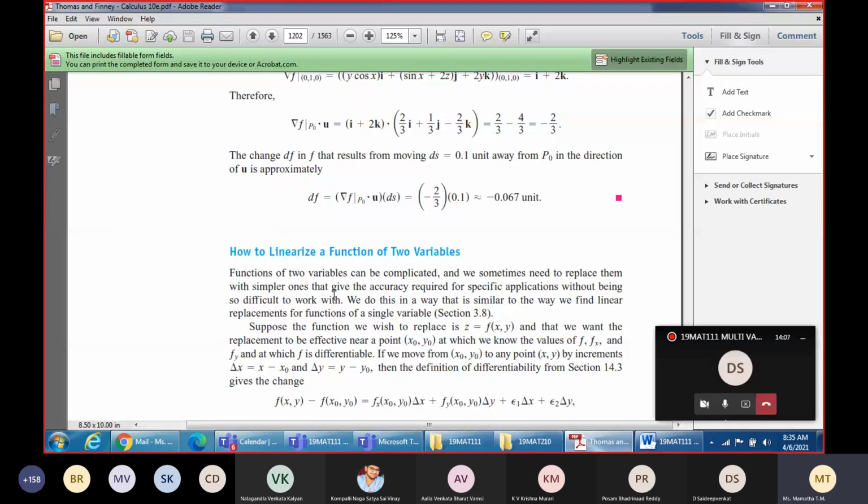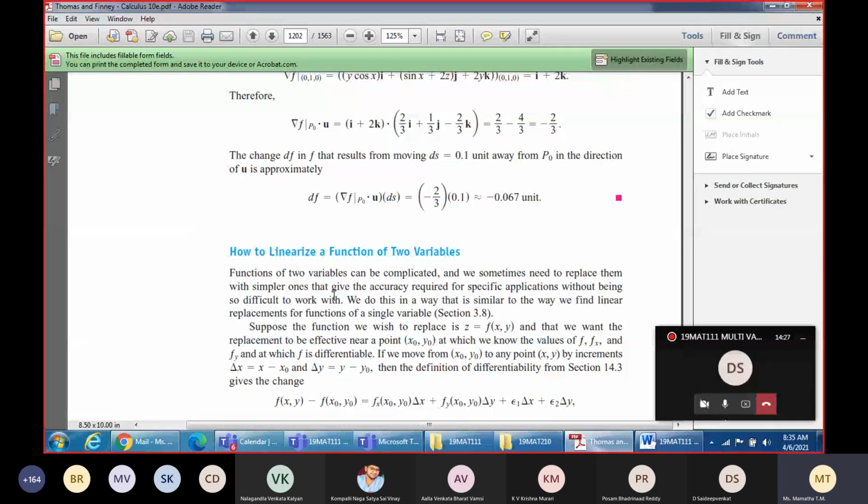This procedure is called linearization. It also deals with series representation, like the Taylor series representation of the function, which we'll be studying later. In linearization, first we start with the 2 variable form.